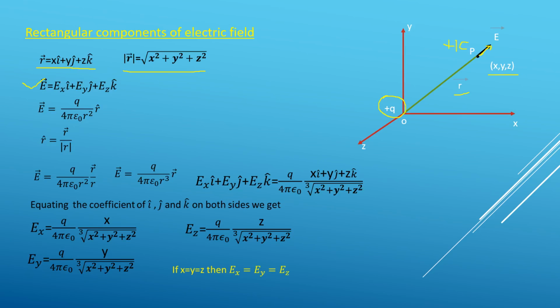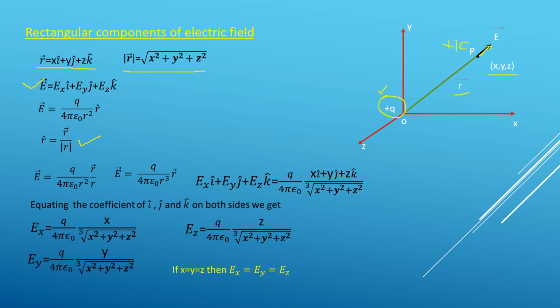We know that electric field due to +q charge is equal to q upon 4 pi epsilon naught r square r cap. r cap is the unit vector along the direction of electric field. So r cap is written as vector r upon mod of r.